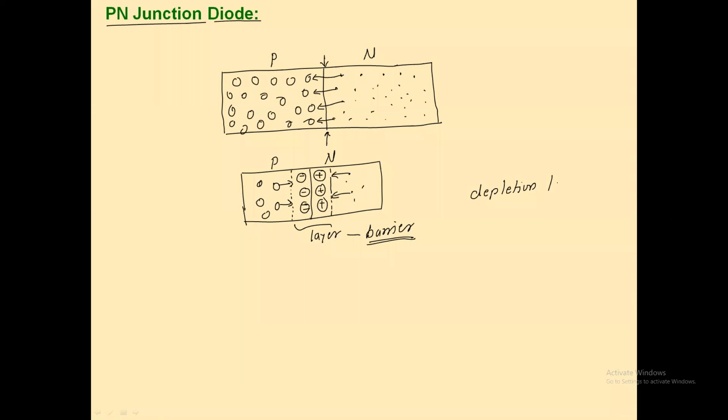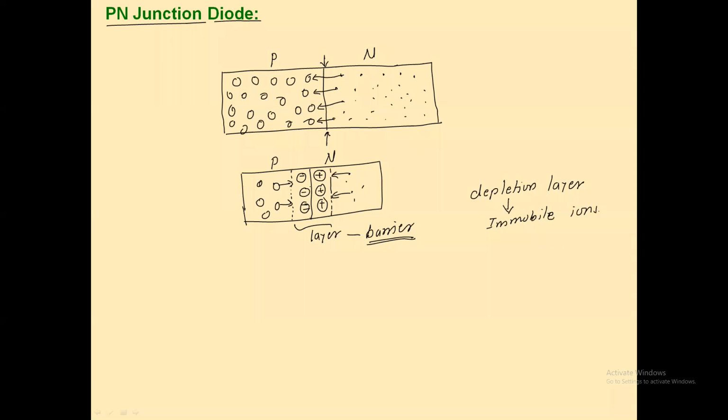What we call it, sir? Depletion layer. And what does the depletion layer consist of? Immobile ions, no carriers. Because electrons from the N region combine with the holes in that P region, it will consist of immobile ions. Get it my point?